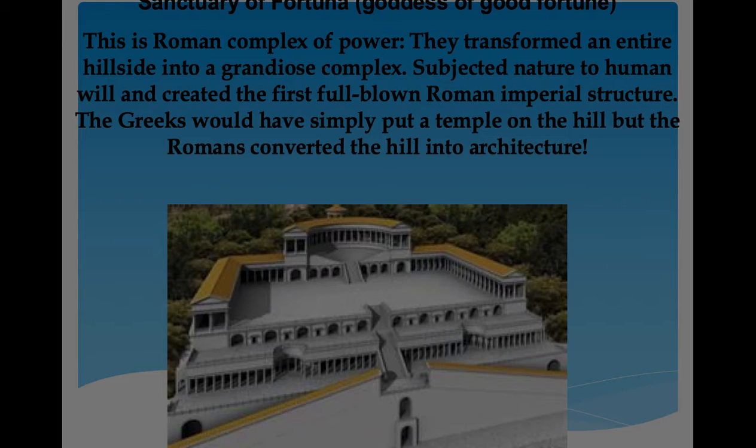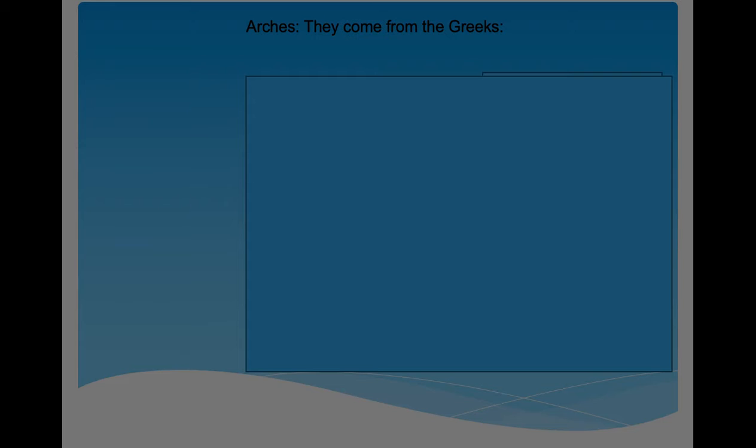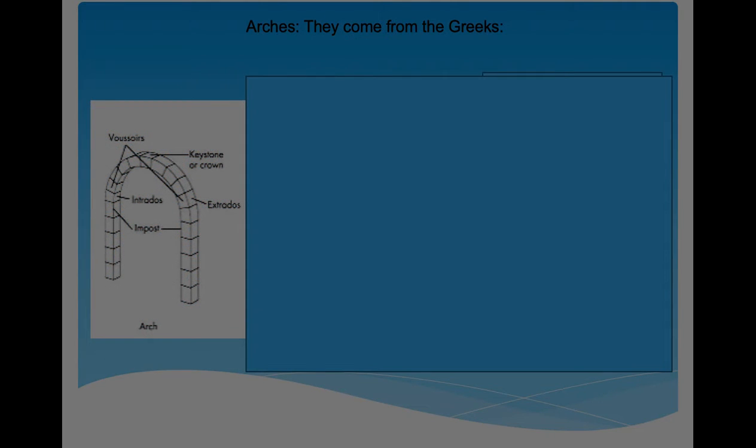So another, we talked about concrete. Another big thing Romans invented or perfected were arches. Romans exploited the opportunities afforded to the architects to create true arches. A true arch is composed of wedge-shaped blocks, typically durable stone. They were called voussoirs, with a keystone on top that locked all of the other wedge bricks into place.